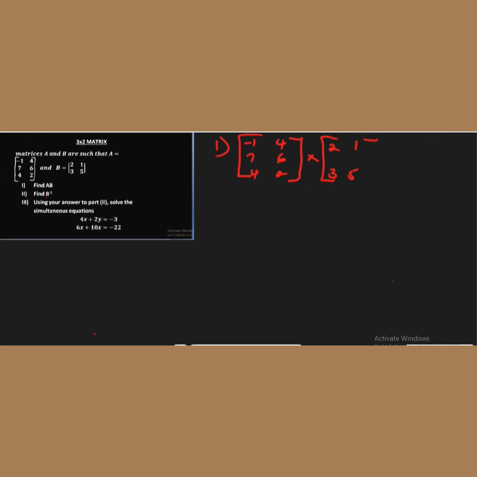So if you listen well, it's basically the same way of doing the multiplication. You multiply column numbers by the row numbers. So minus 1 and 4 will multiply, 7 and 6 will multiply, 4 and 2 will multiply. They will multiply this and this. So doing that, I'm going to draw out this line. Minus 1 times 2 plus 4 times 3.